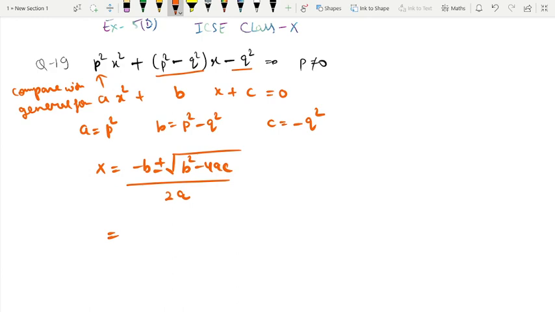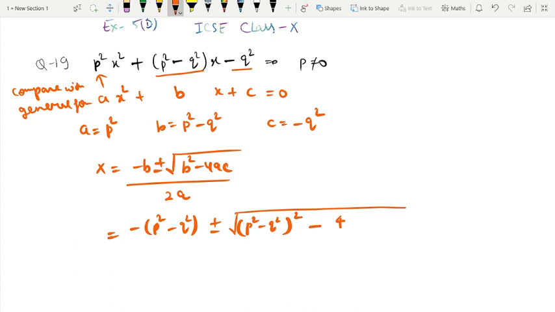Minus b, b is basically p square minus q square, so write down minus p square minus q square plus minus under root b square minus 4ac. So the value of b is p square minus q square, so we can write p square minus q square whole square minus 4ac.